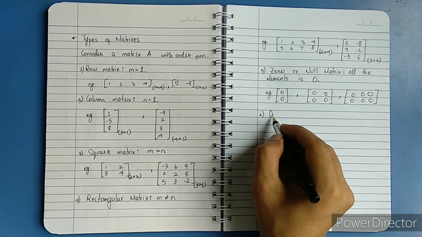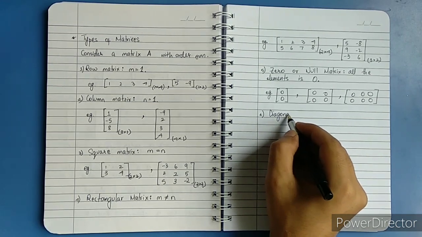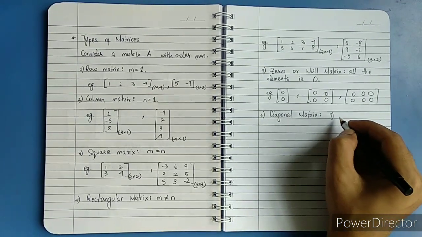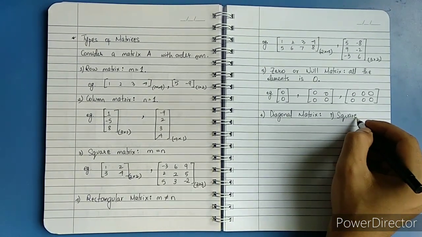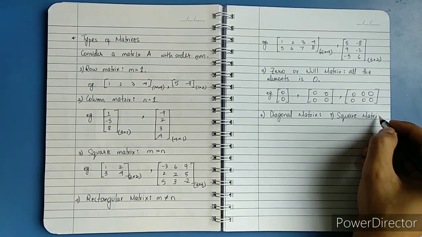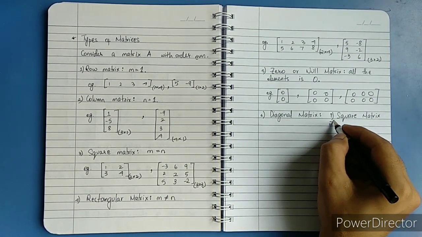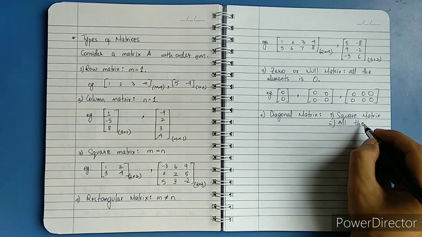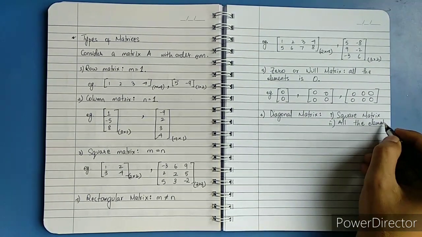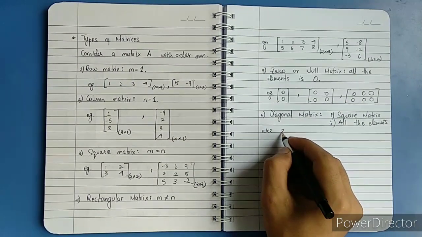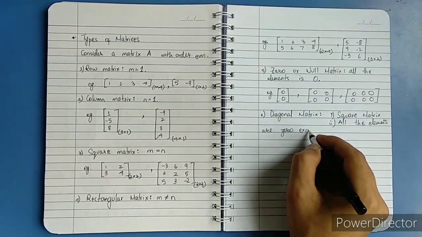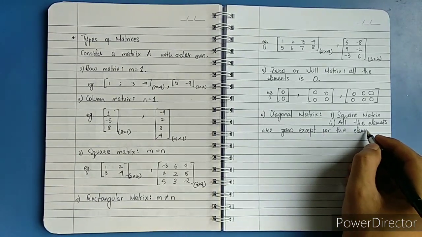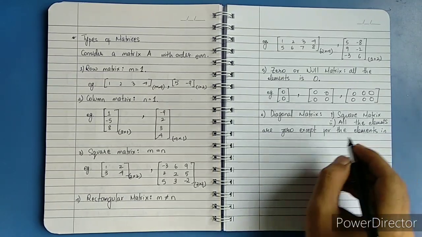Number 6 is a diagonal matrix. A diagonal matrix, first of all, is only defined for a square matrix. So it should be a square matrix. And second point is that all the elements are 0 except for the elements in the principal diagonal.